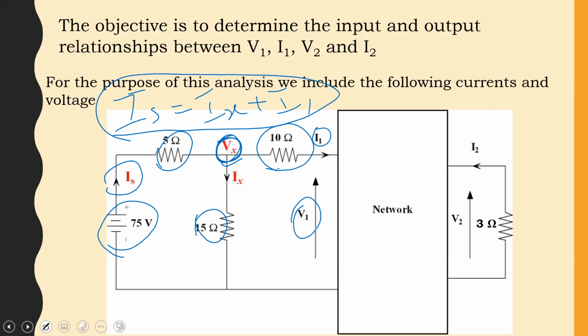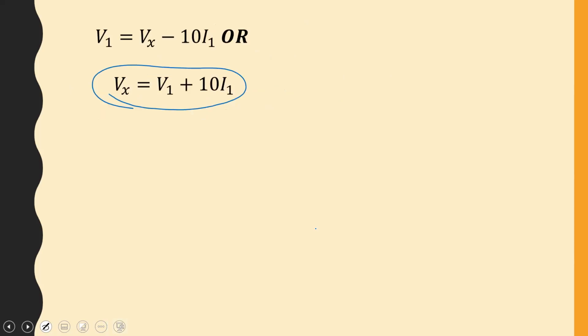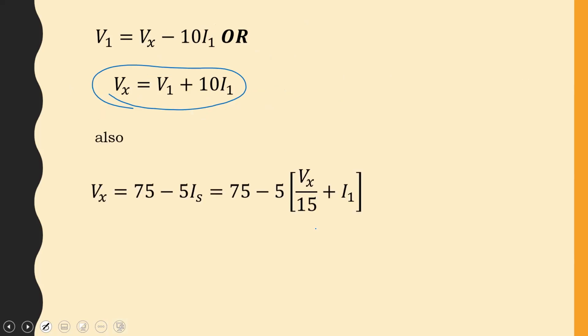Okay. So from this, let's just look at the equations now. Remember we spoke about V1 with respect to Vx and I1. 75 minus 5 Is, but as I said, Is is equal to Vx over 15 plus I1. Remember the objective is to find a relationship between V1 and I1.